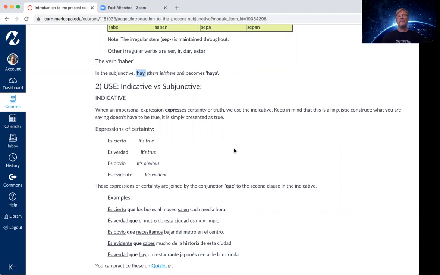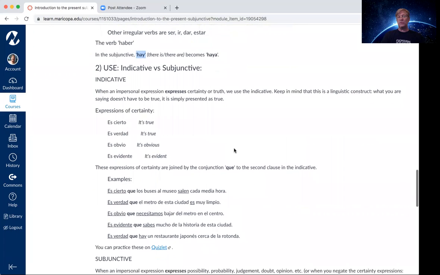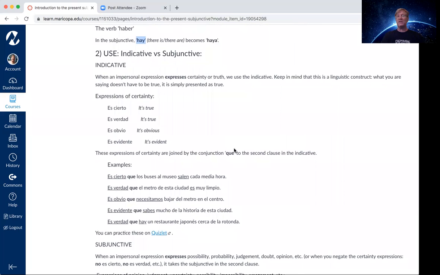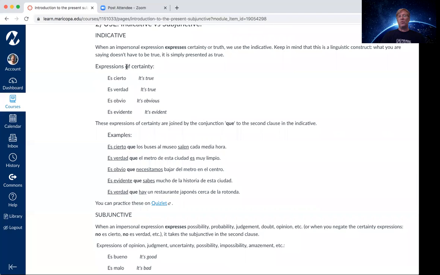Okay? So we're going to introduce only one use, and probably the easiest use of the indicative versus subjunctive, and this is with impersonal expressions. So we have some expressions that express certainty, such as es cierto, es obvio, es evidente.